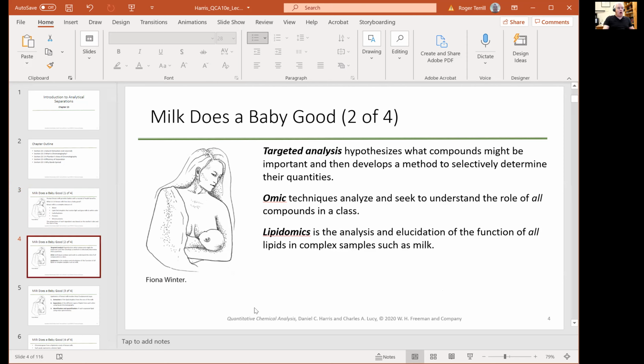For example, lipidomics is the study of all the lipids in milk, or proteomics is the study of all the proteins, or you could target a particular protein or lipid or carbohydrate.